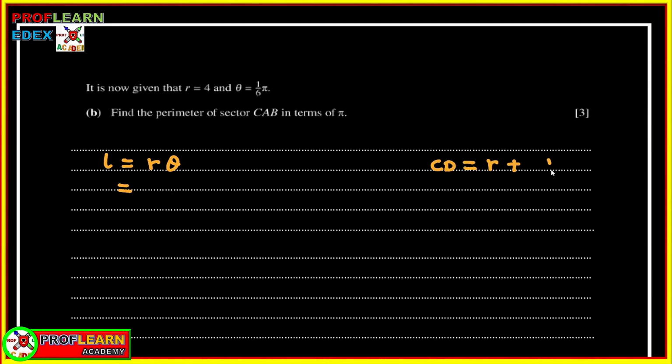So CD was given as r plus, we have shown this, that CD equals r plus r over sine theta, but now we are told r equals 4, so we can substitute 4 in this part so that we can use it as a radius at this given point, right?